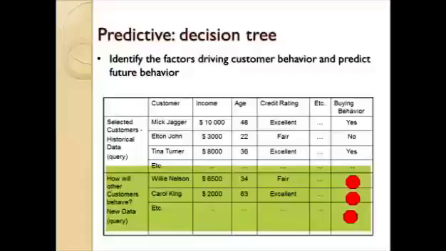So for instance, we had at least 3 customers in the past. They have attributes like their income, their age, their credit rating, and so on. Those are input variables. At the same time, we also know the outcome or output variable, which is the buying behavior.